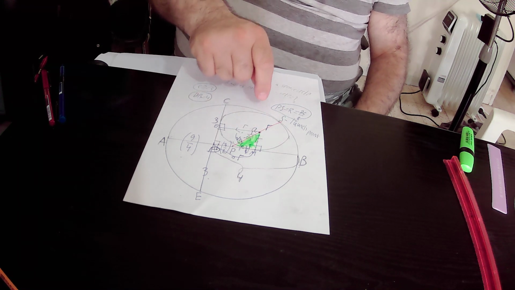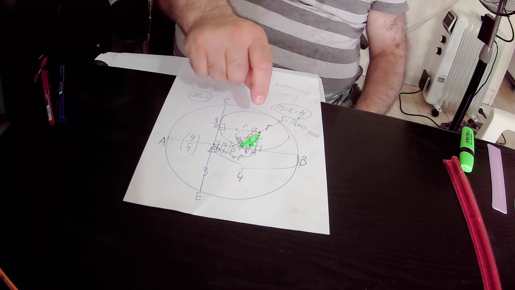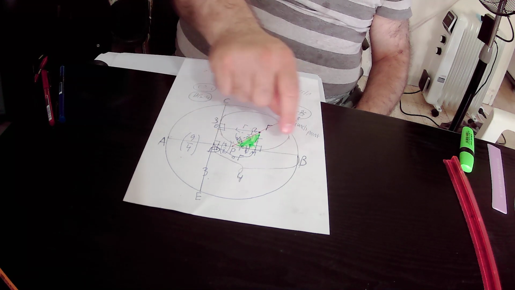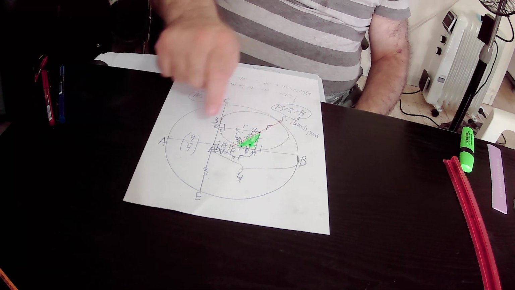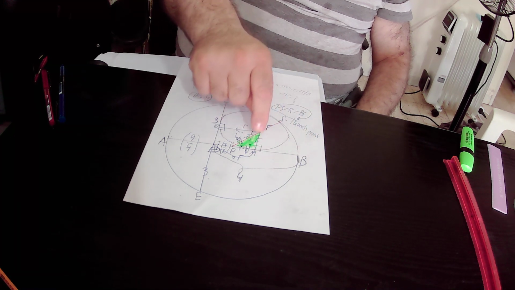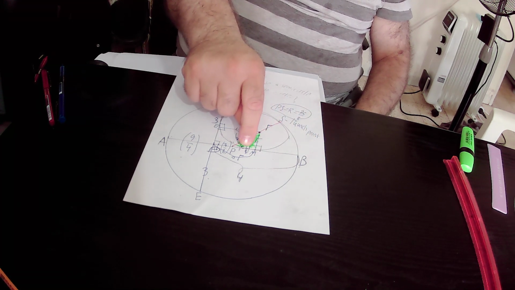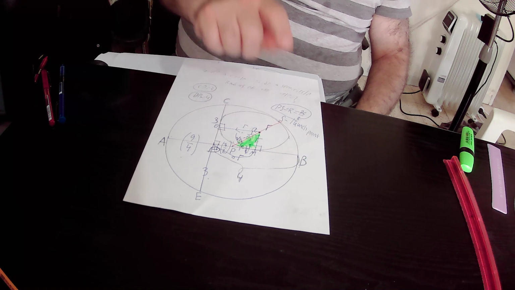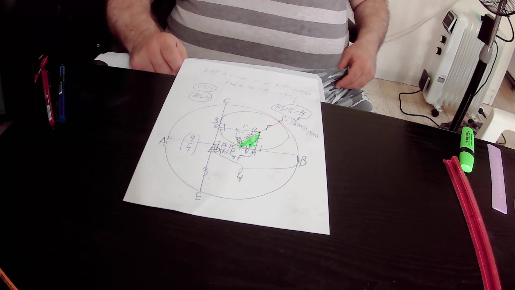And whenever you have a radius drawn to the point of tangency, then the tangent DB will be perpendicular to the radius MQ. So DB is perpendicular to MQ, that is to say, this angle equals 90 degrees, and this angle also equals 90 degrees. Okay?